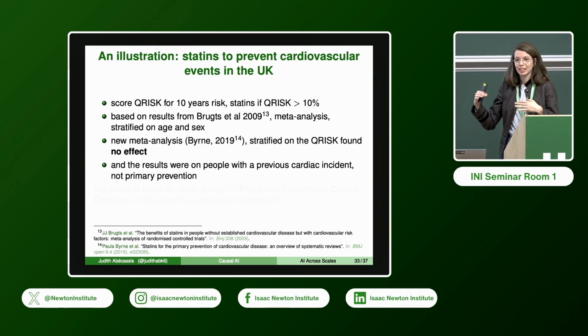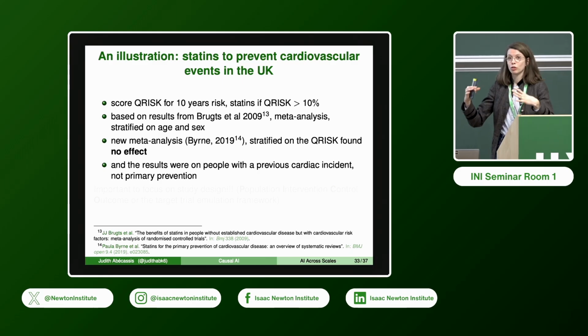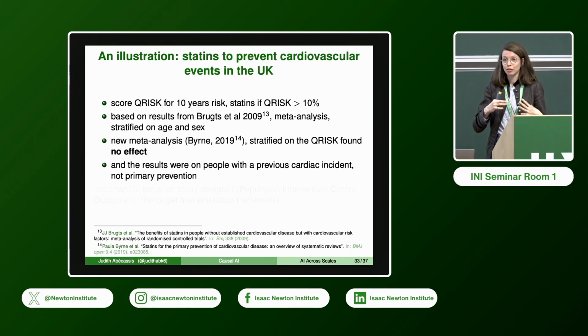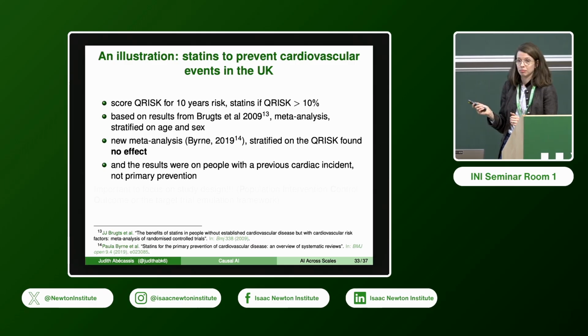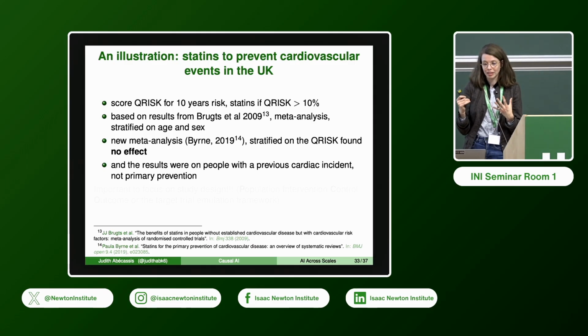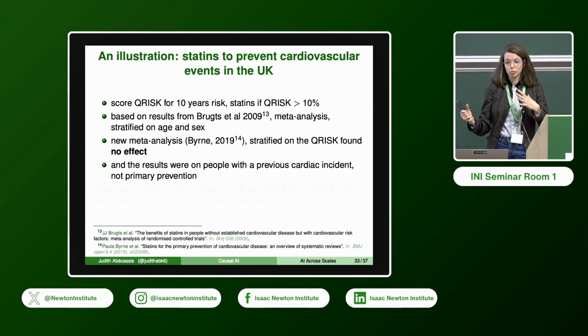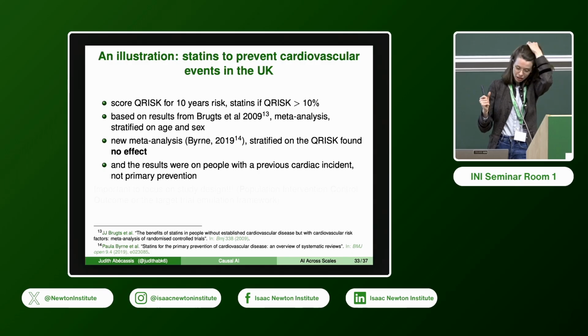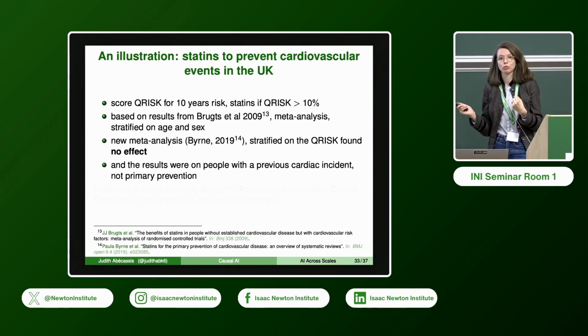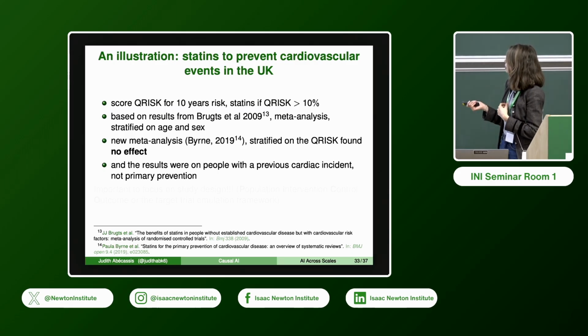So they compared the effect of prevention among people that had a high risk to develop a cardiovascular event or a low risk of developing cardiovascular events. And there, in the meta-analysis, they found no effect of the statins, because actually there must have been some imbalance in the previous studies in terms of representing people with high risk or low risk in the treatment and control groups of the different models.